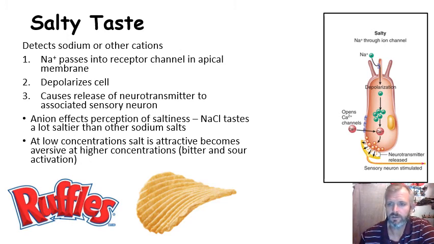In the case of salty, what do we consider salty? Salt, sodium chloride, right? That makes up our salt. So foods that are high in sodium chloride would have high sodium ions in them.